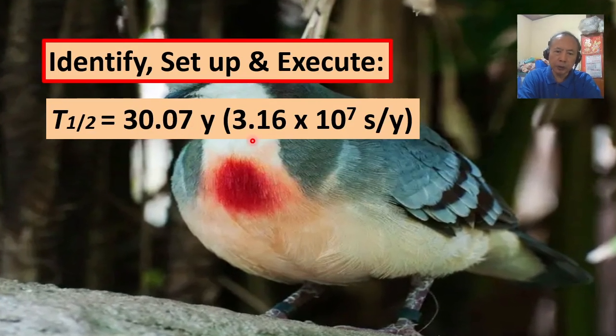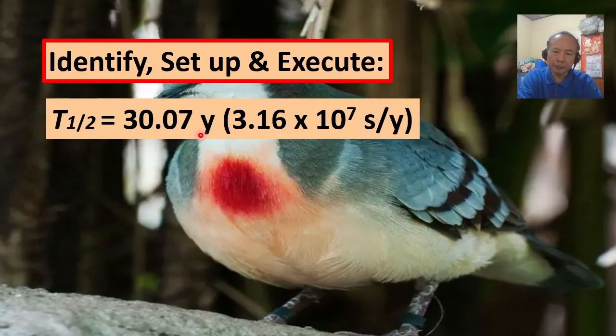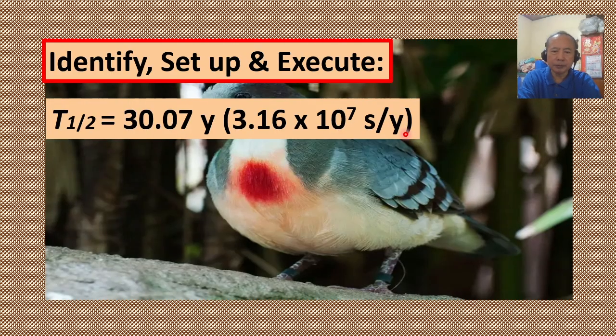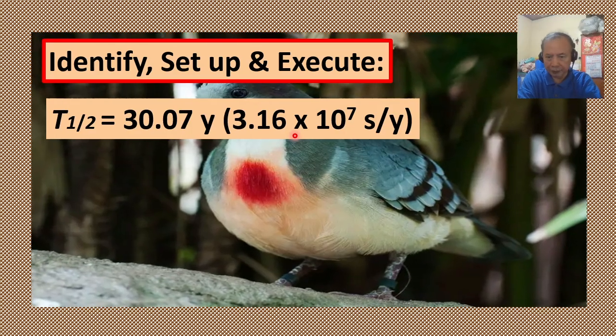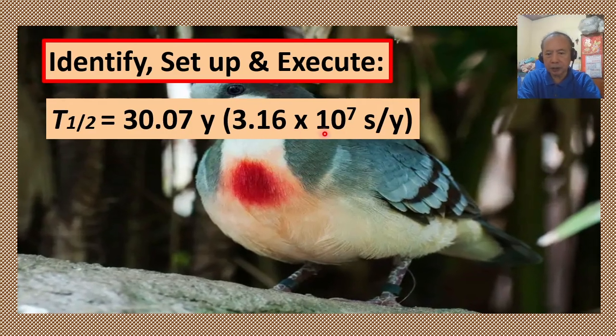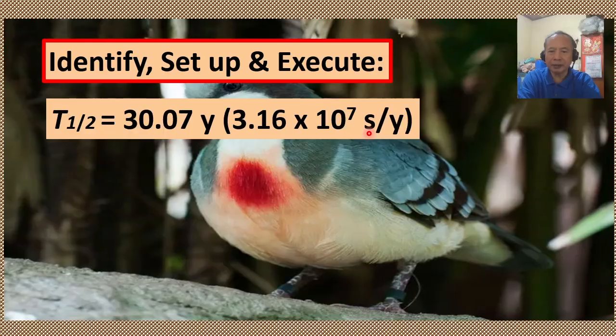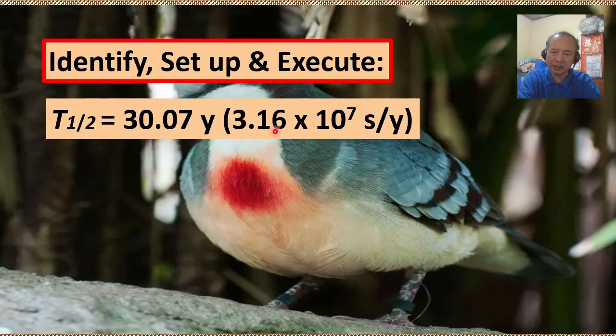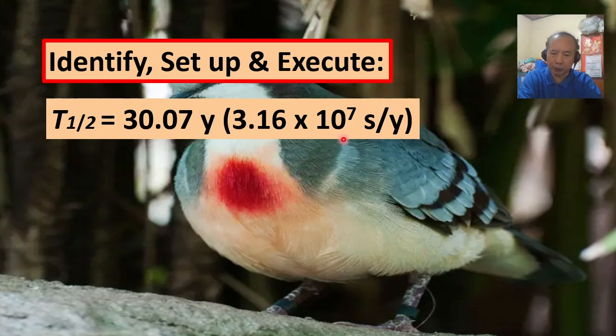So, first thing first, we have to convert it to the unit second, right? Using the standard equivalent that in 1 year, we have 3.16 times 10 to the 7th power seconds.